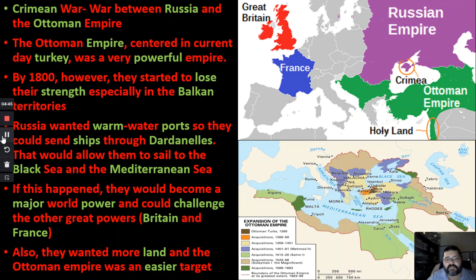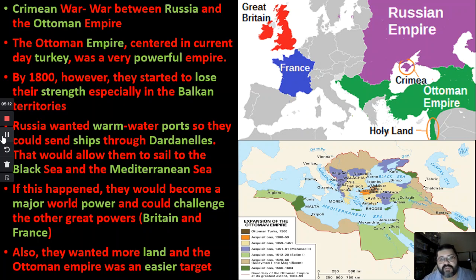Now the reason why Russia wanted Crimea, if you look at that top picture, the one in purple, you'll see a little circle saying Crimea right there. They wanted that area because it was a great port place.